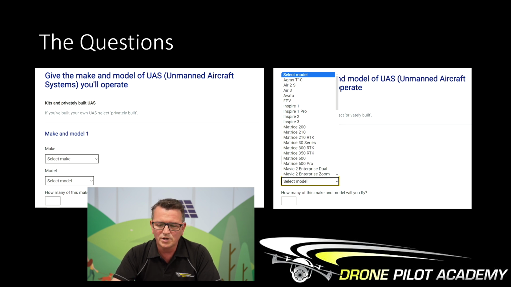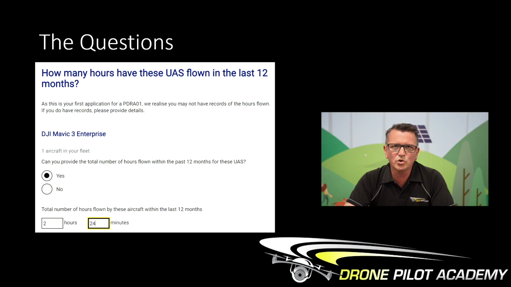So if you've got three Mavic 3 Enterprise, you would just enter that and the number of aircraft that you've got, and then you would enter the total number of hours for the last 12 months that have been flown on that fleet of Mavic 3 Enterprise. As I said, it's a data gathering exercise that the CAA are required to do.